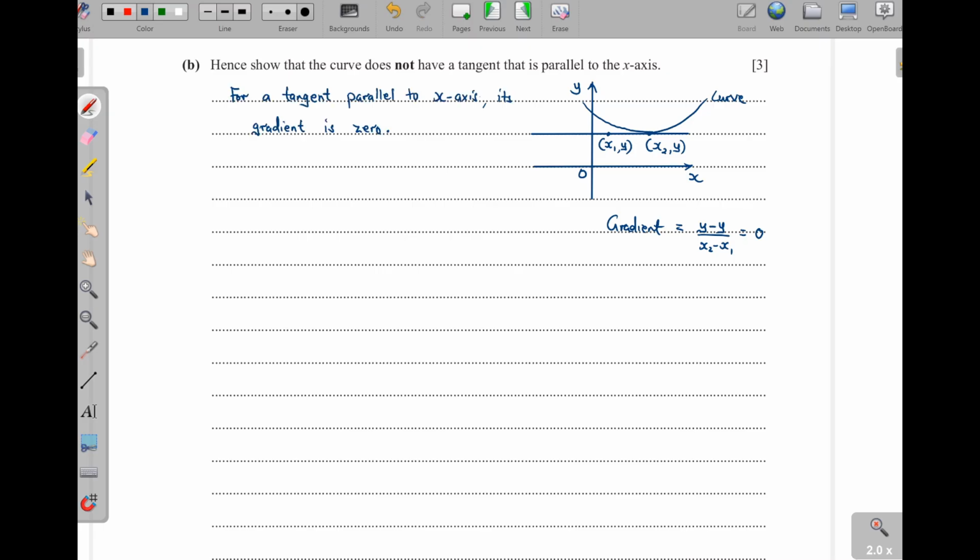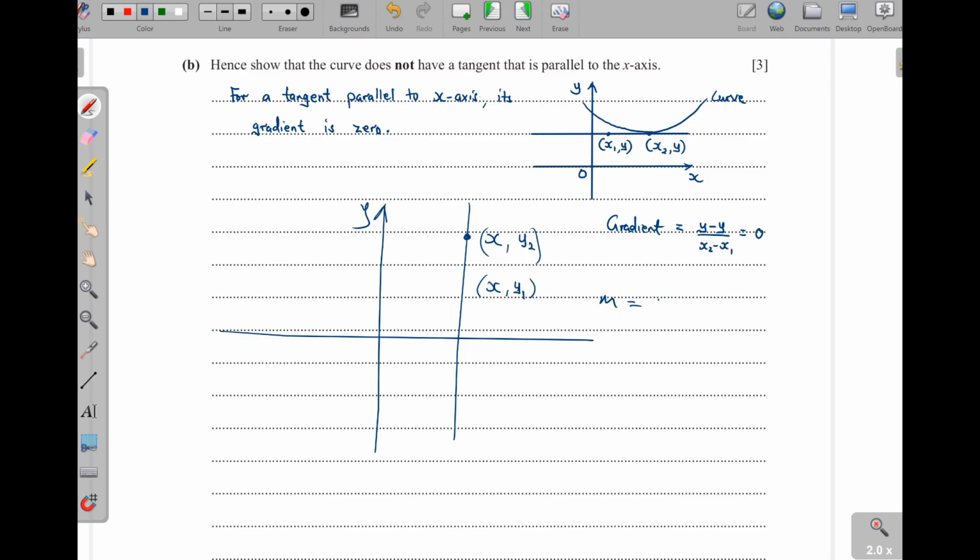The next time they can also ask you about the tangent that is parallel to the y-axis. So for the one that is parallel to the y-axis, this is our y, then we'll have x here. All x coordinates are the same, but the y coordinates are changing. You see that? That means when you're finding the gradient, it is going to be the change in y, which is y2 minus y1, out of the change in x, which is x minus x.